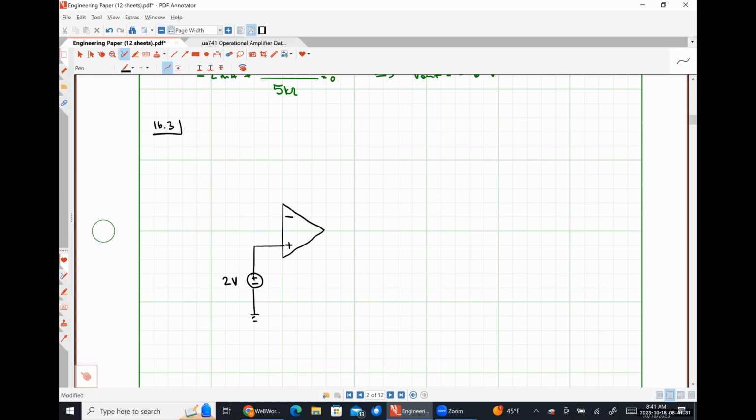Let's call it 2 volts for the sake of argument. I have some DC voltage source here. Let's make this 5 volts. Five kilo ohm resistor. 10 kilo ohm resistor. Here is our quantity V out.